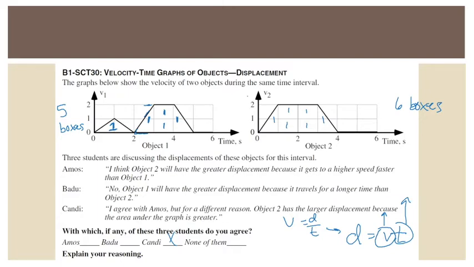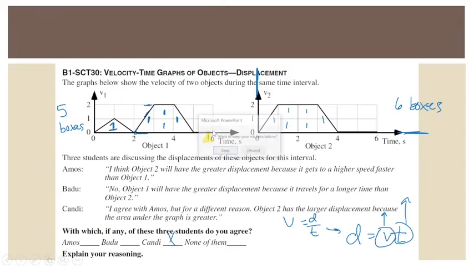Because area is the length times the width, it captures both the speed and the time issue together. And that ultimately is why Candy's right, because she mentions an explanation that captures both of those things. Any explanation about graphing where the person is mentioning slope or area under the curve is usually the one.